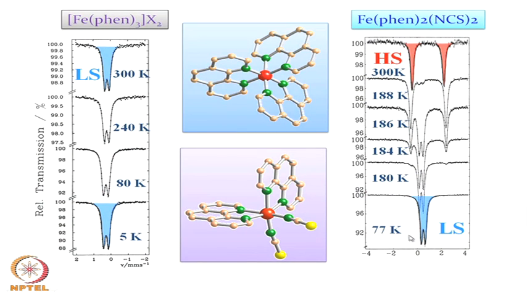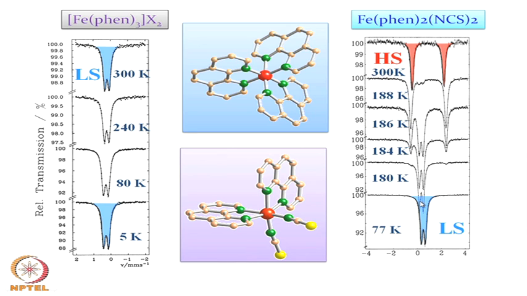So, at 77 K, which is liquid nitrogen temperature, because this 5 K for this compound is close to liquid helium temperature, which is 4 Kelvin, and this can be measured nicely at liquid nitrogen temperature, we have almost two merged lines.